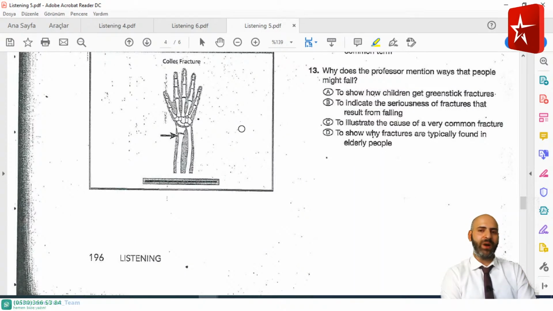Or D. To show why fractures are typically found in elderly people. Why does the professor talk about ways people might fall? A, B, C, or D?